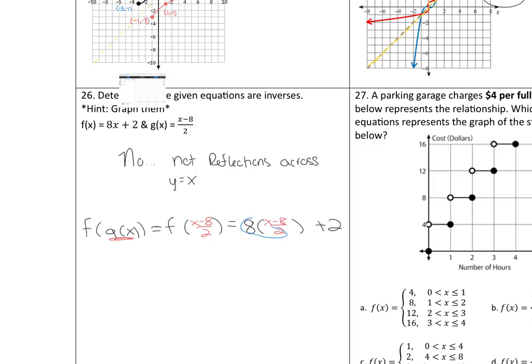Multiply by 2 and divide by 2 is going to get me a 4 times my x minus 8, plus 2. Distribute the 4. 4x minus 32 plus 2. Combine like terms, 4x minus 30. Regardless of what the answer is, it has to equal x, not 4x minus 30. So they are not inverses.